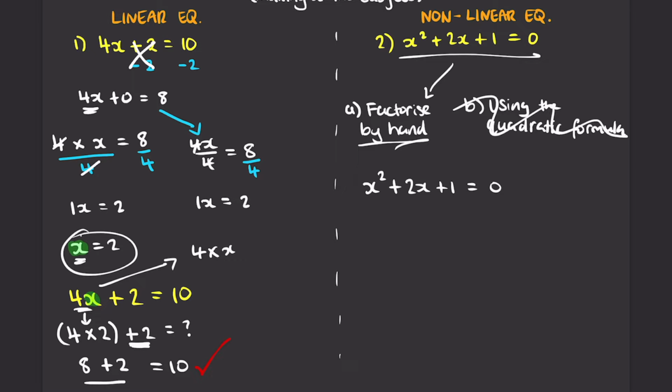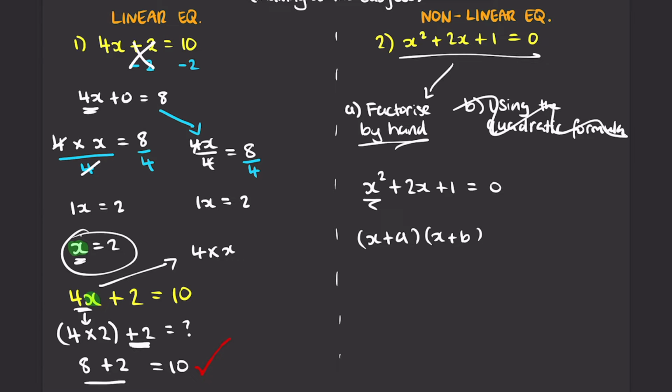Now, how do you get x squared if there are double brackets like this? I'm going to assume you know how to expand brackets before you factorize, because factorizing is not significantly harder, but slightly harder than expanding brackets. So I'm going to assume you know how to expand brackets, where you have, let's say, x plus a, so a would be a number, and x plus b, so b would also be another number.